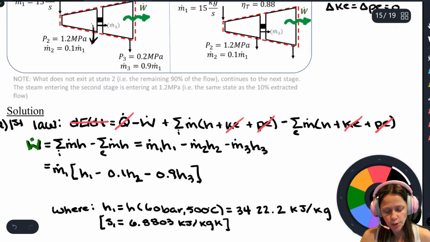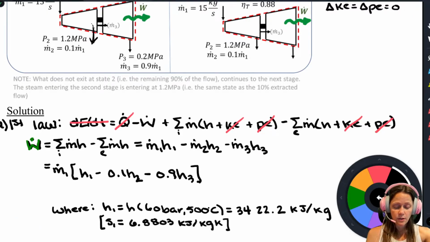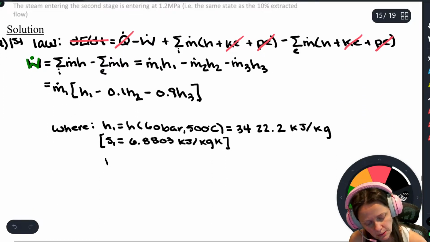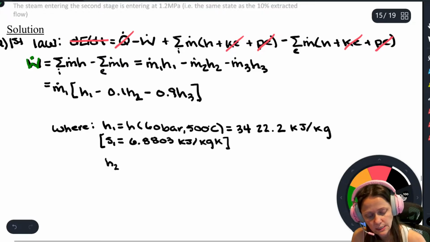So state 2. So it's expanded all the way from state 1 to state 2. So that process from 1 to 2 is an isentropic process. And so H2, it really is H2S, H3S, right?